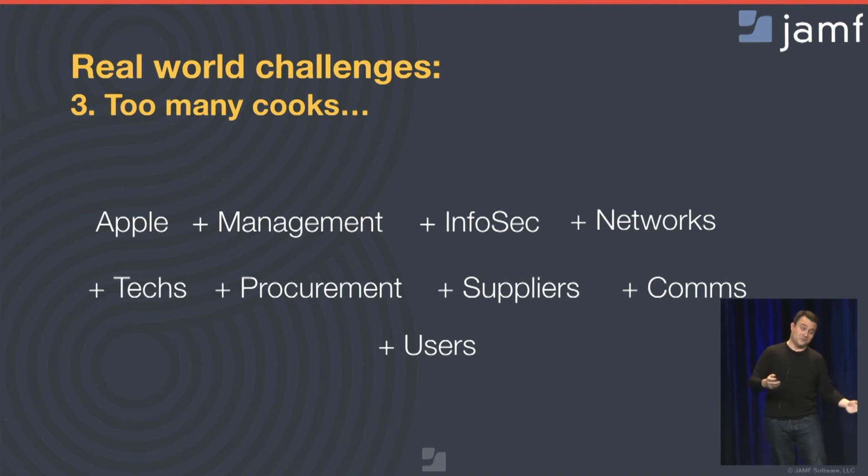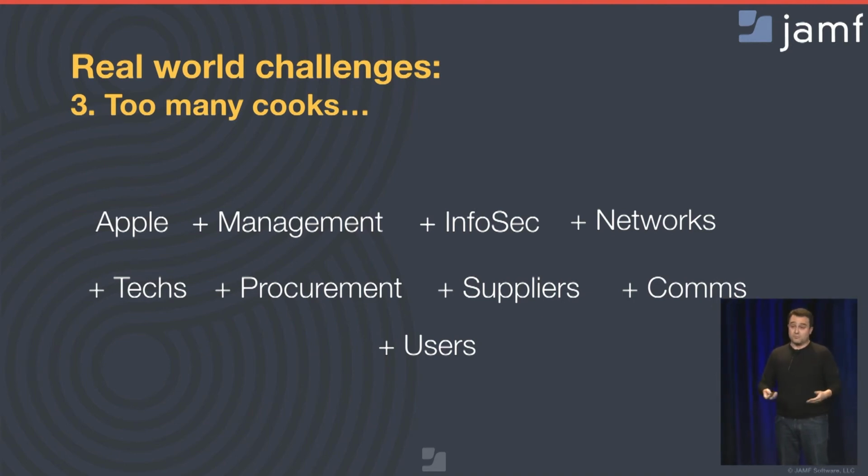You go to InfoSec, which is always a pleasure, and you explain to them, especially in highly regulated environments. I know colleagues from banks who, after years, still haven't managed to get a proper DEP implementation up and running. Networks, always friendly, have to do what InfoSec agreed, if they like. Technicians have to understand this is a new process, a new way of doing things.